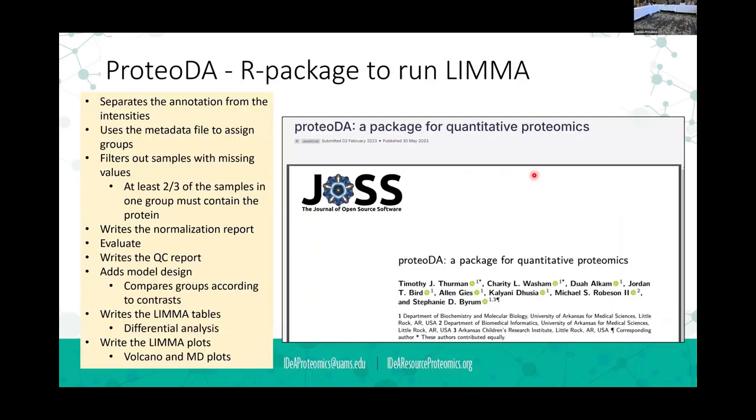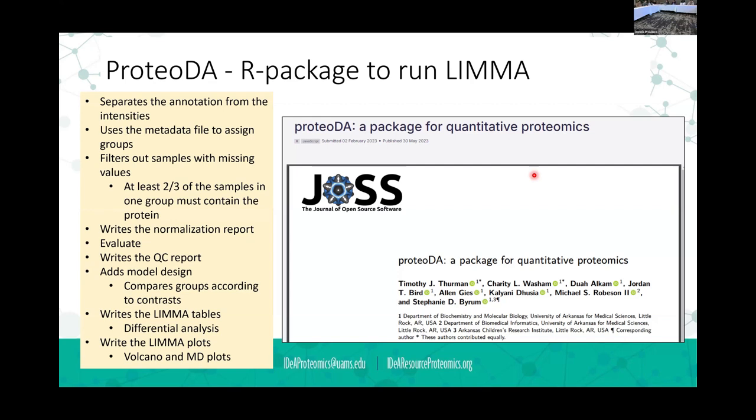The package that we use is called ProteoDA, and that is an R package, and it runs limma, which is a way of doing basically linear regression with really big data sets. I'm not going to go through the R package.